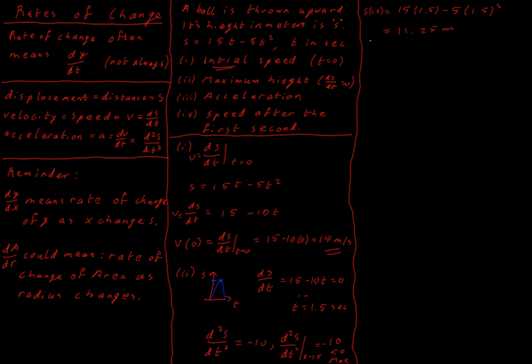So that is my maximum height. What is my acceleration? Well, my acceleration is just equal to d2s dt squared, or it's equal to dv dt. I need to know that it's both: how my velocity is changing, or the second derivative of my distance. In either case, I already found that it is equal to minus 10. Meters per second squared is how we write acceleration.